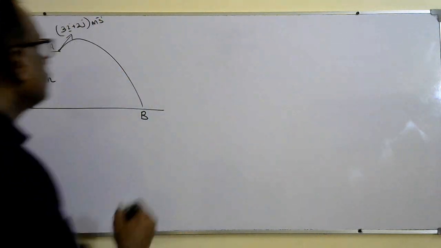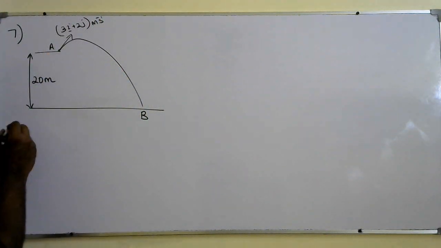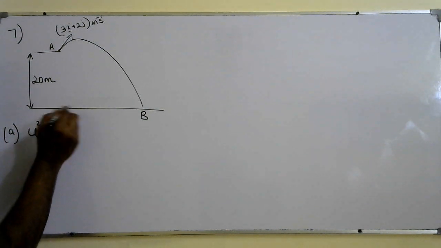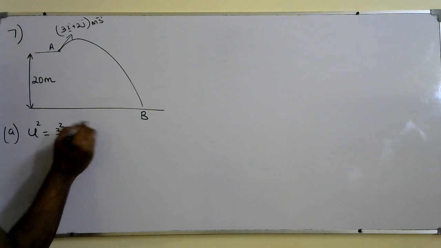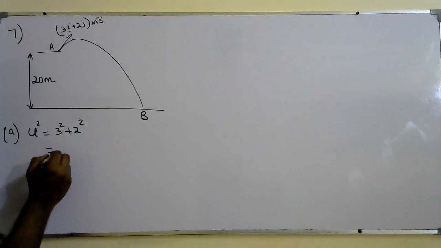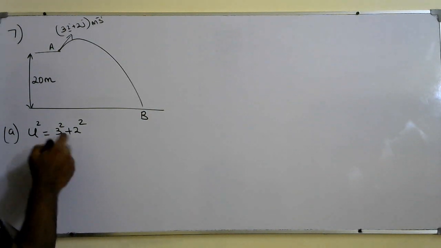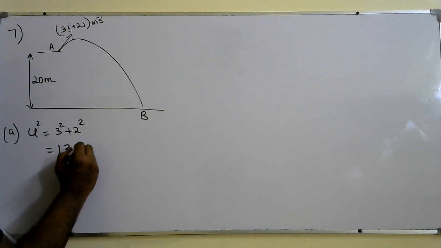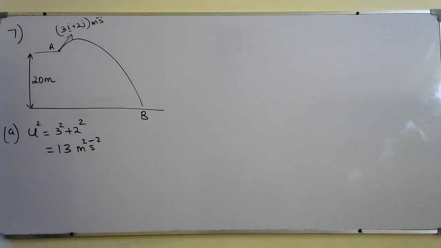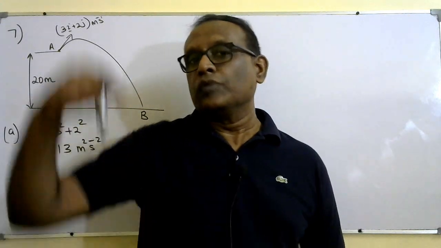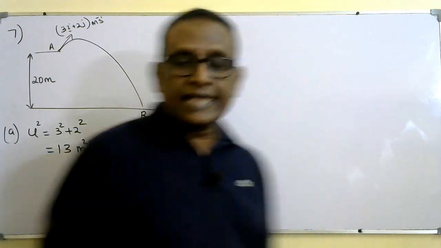Okay, so we know the initial kinetic energy, we can find it. Initial velocity u squared is equal to 3 squared plus 2 squared, that is 9 plus 4, 13 meters squared per second squared. For the motion from A to B, it's moving down, so loss in GP equals gain in KE.